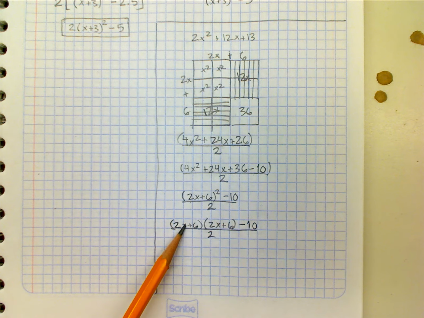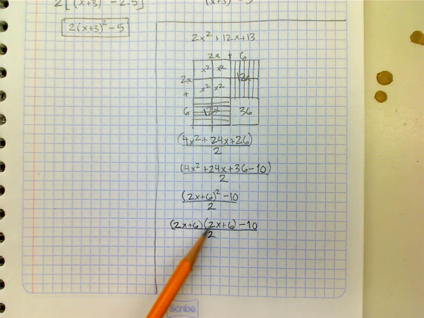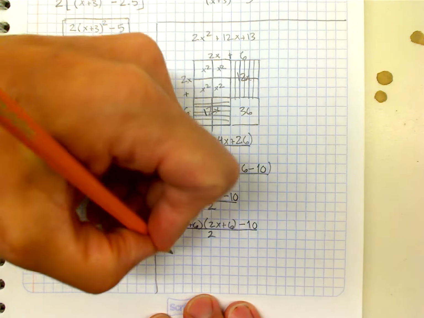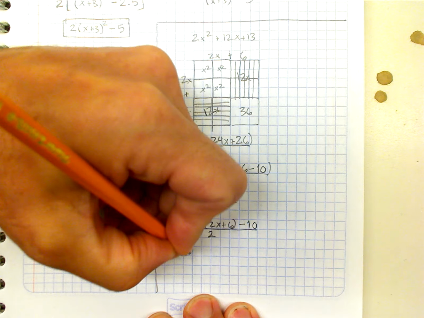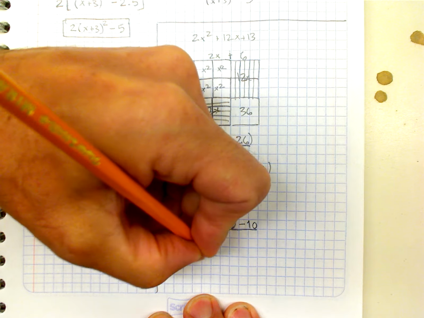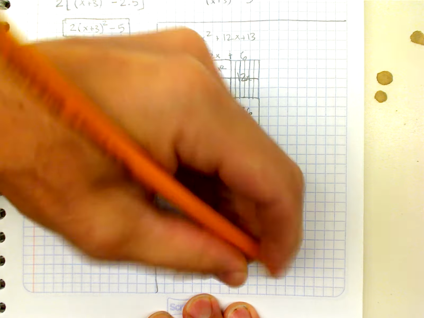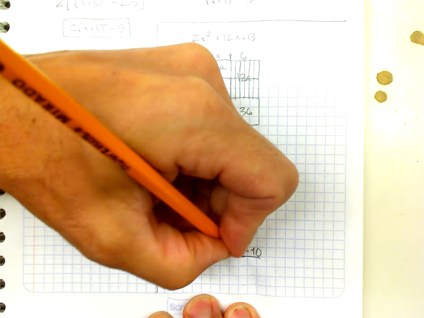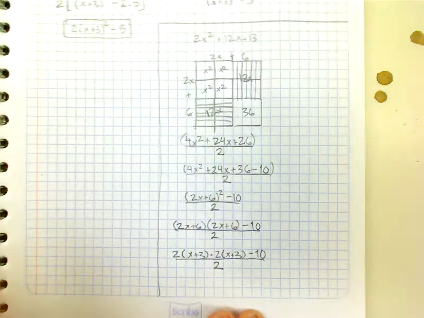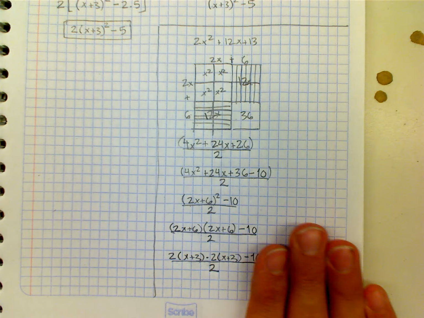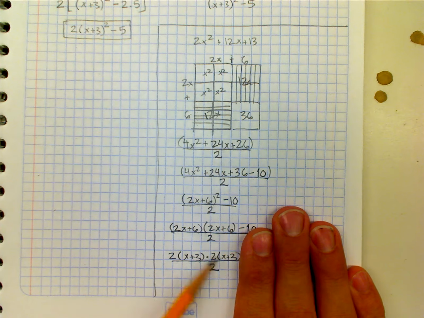And now look, I could factor a 2. Actually, I can factor a 2 out of each of these things. So let me do that. 2 times x plus 3 times 2 times x plus 3 minus 10, all divided by 2. So if I divide this thing by 2 right here, then one of those 2's is going to divide out, and I'll retain one of them.